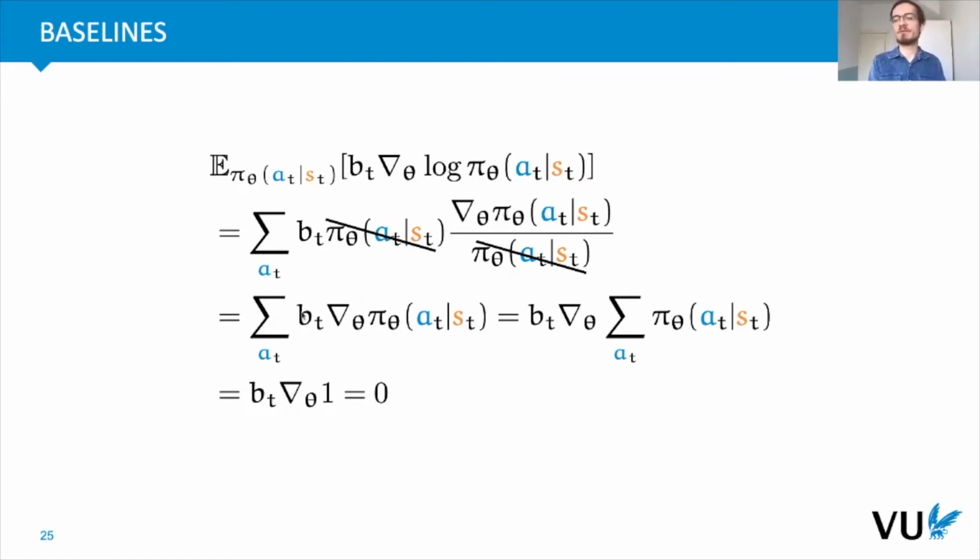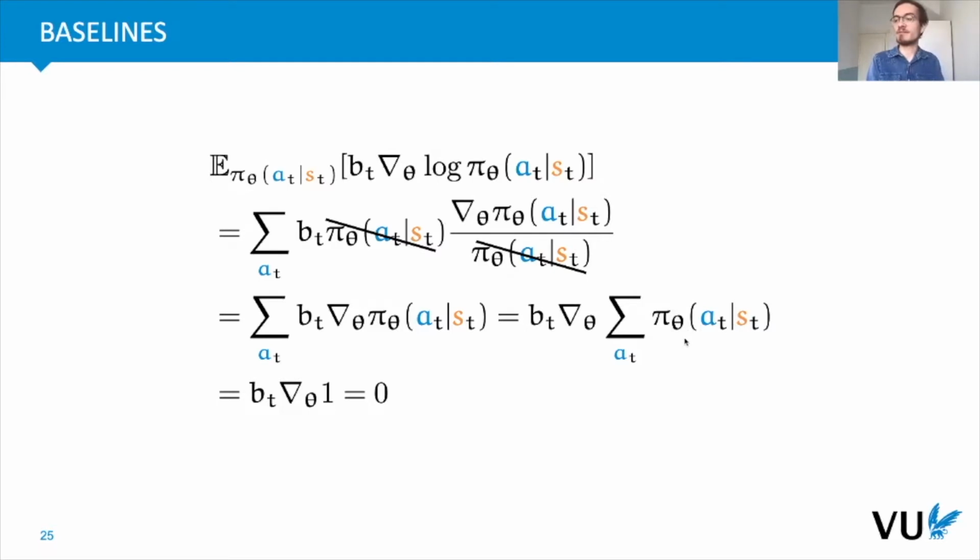And one thing that we should note, and this is also an assumption that we make about this baseline, is that we can actually move this baseline out of the summation, because we assume that the baseline is not dependent on the actions. The actions don't influence what the baseline does. So we can move it out of the summation. We can also move the gradient out of the summation because it's a linear operator. Now what happens is that we have a sum over a probability distribution, over all options of the probability distribution.